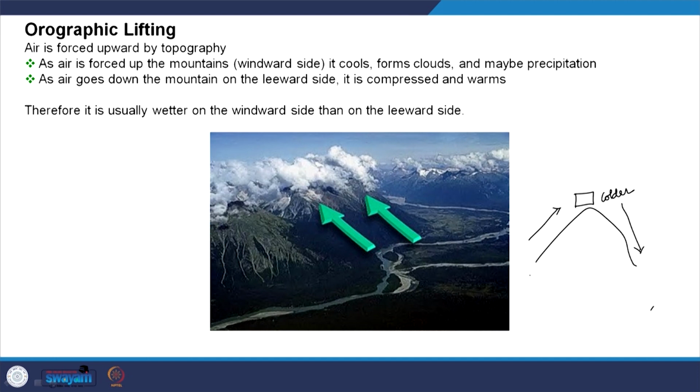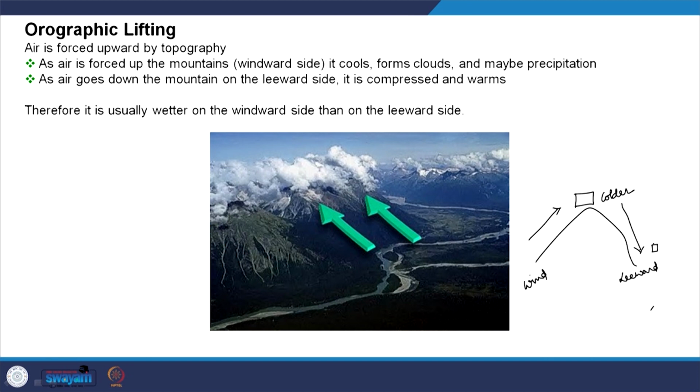This is the windward side, the side from which the air is going up, and the other side is called the leeward side, to which the air will come down. As the air goes down the mountain along the leeward side, it is compressed and becomes warm.